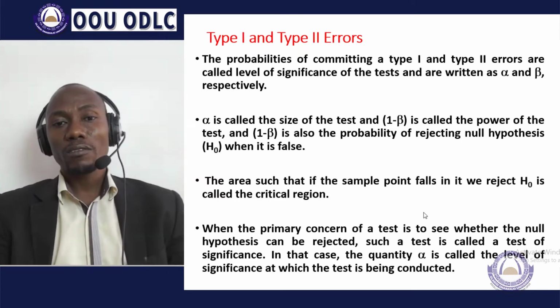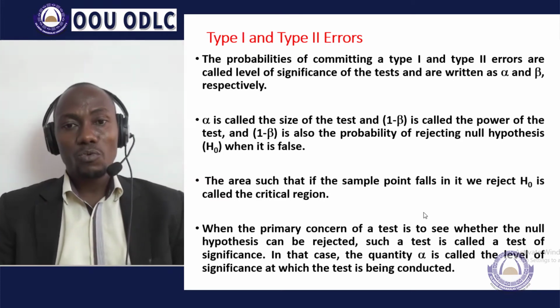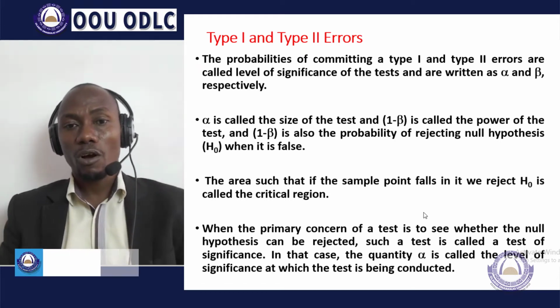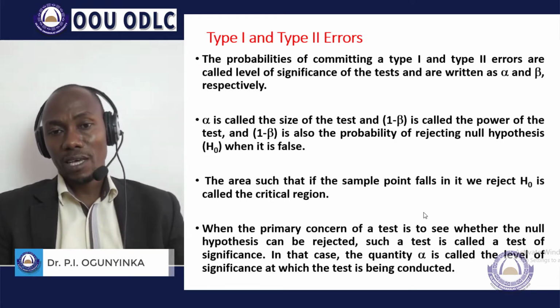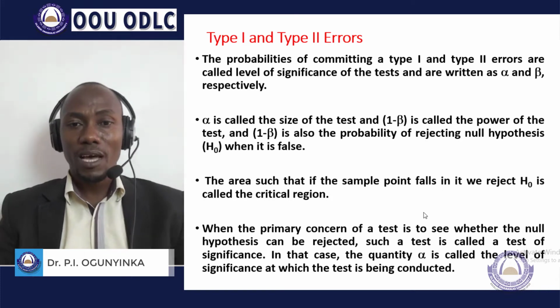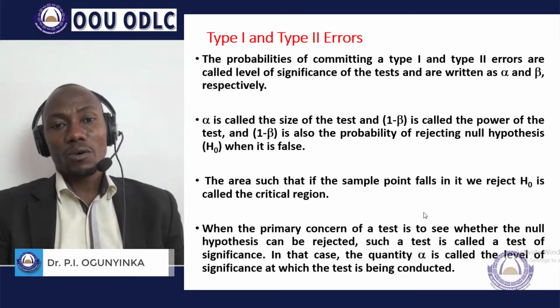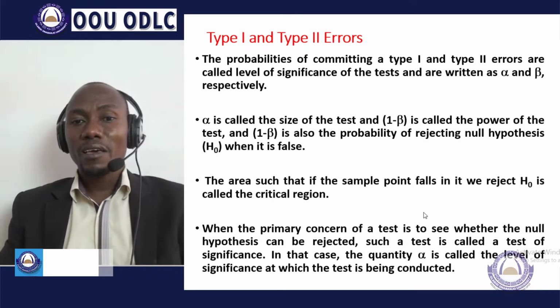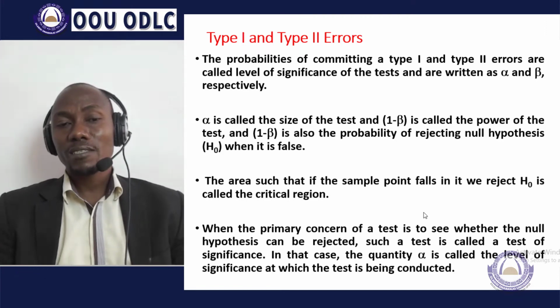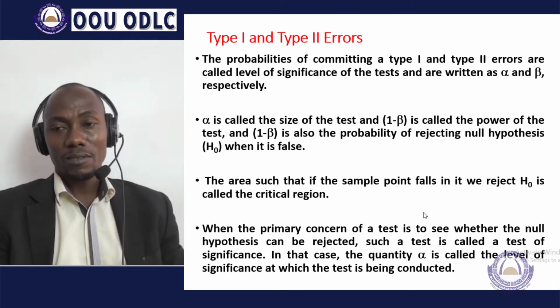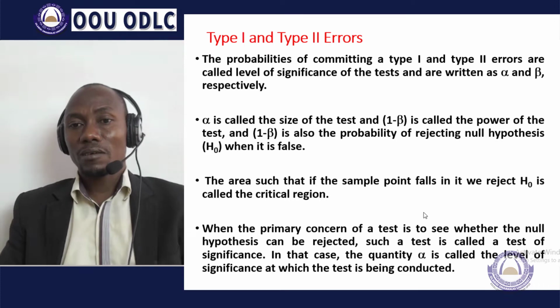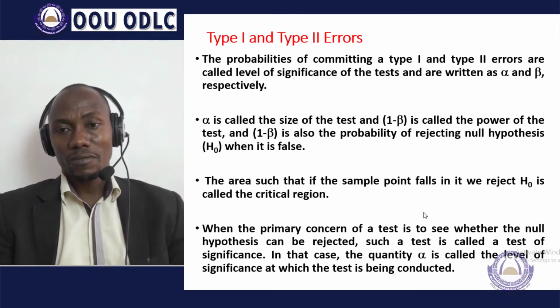Alpha is called the size of the test, whereas 1 minus beta is called the power of the test. So 1 minus beta is the probability of rejecting the null hypothesis when it is false.